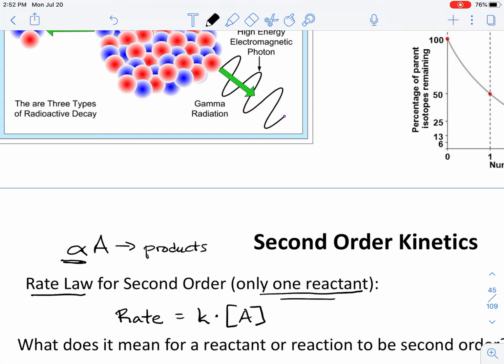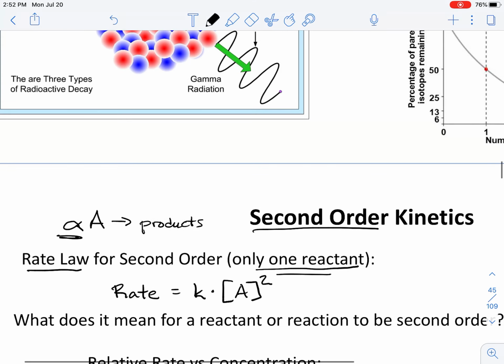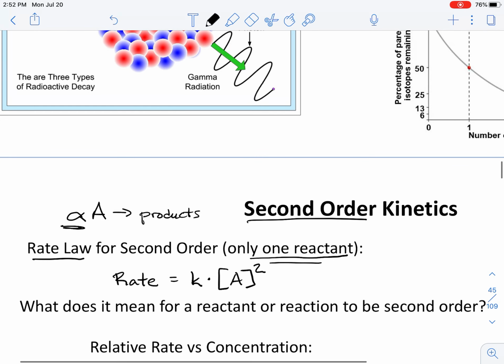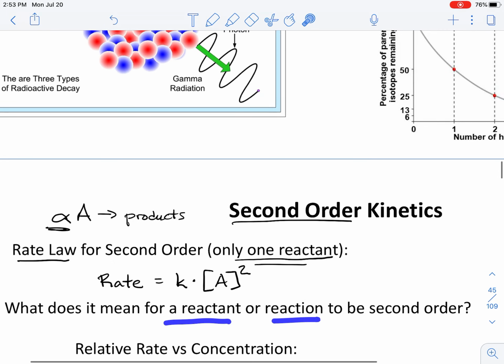And since this is second order kinetics, that tells us that the order of reaction is 2. And so, very similar to what we addressed in a couple previous slides, what does it mean for a reaction to follow second order kinetics?